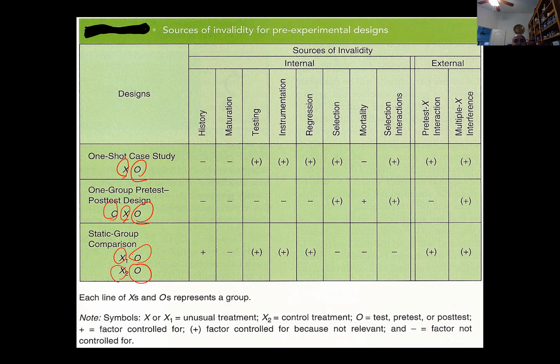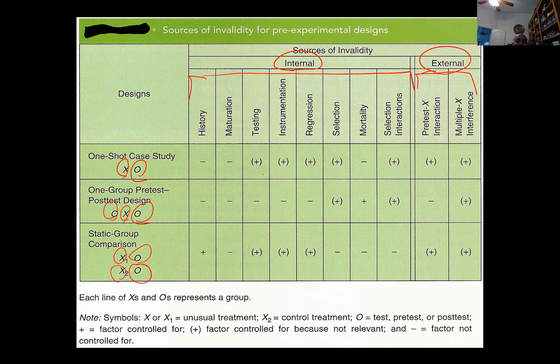So this here gives you an overview of internal validity. Remember, these are the things you can control, okay? These are the things you can control. And then external are a little bit harder to control, all right? But these are the ones that you can control. So wherever you see plus, that means that the factor is controlled for, right?